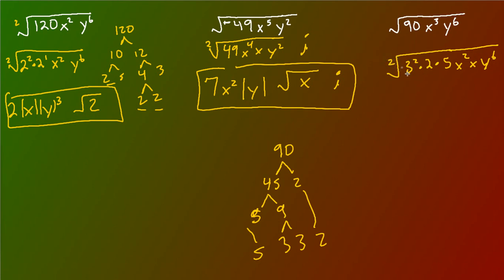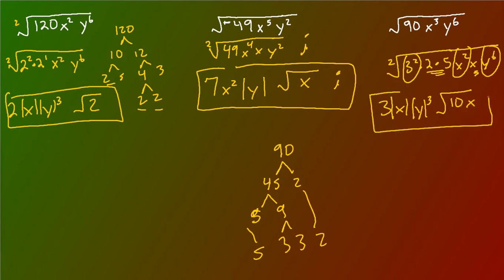All right, so this is a square root, so 2 divided by 2 is 1, so I have a 3. I'm not going to be able to do those, so 10. I can do this, so the square root of x squared is x. Absolute value, though. And that's y cubed. Again, absolute value. And then I did that, 2 times 5. What else am I left with? An x. And there we go.